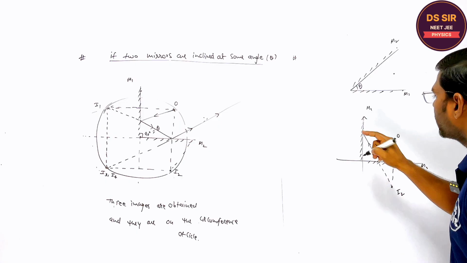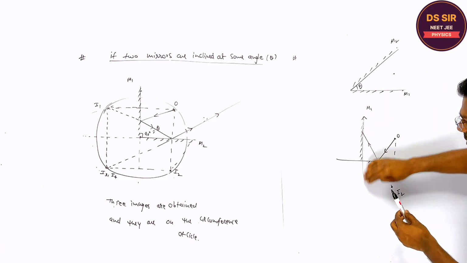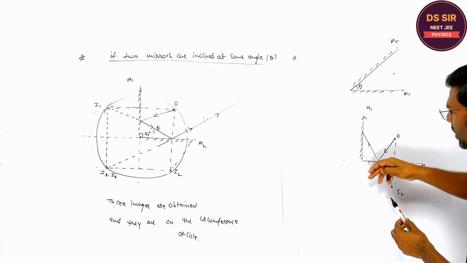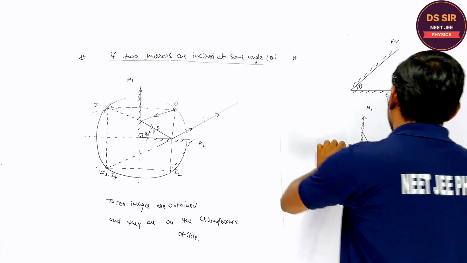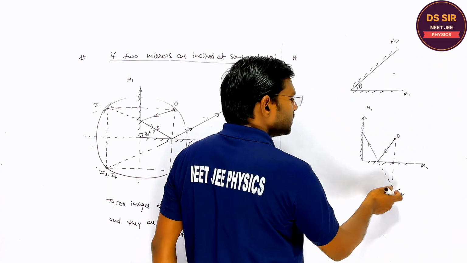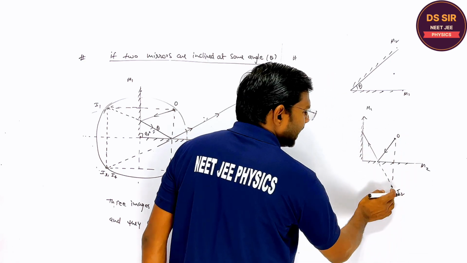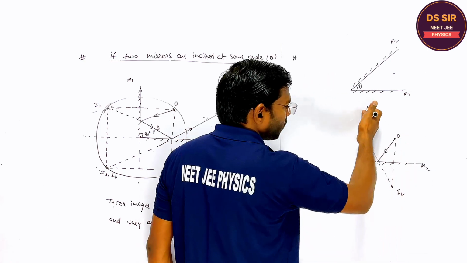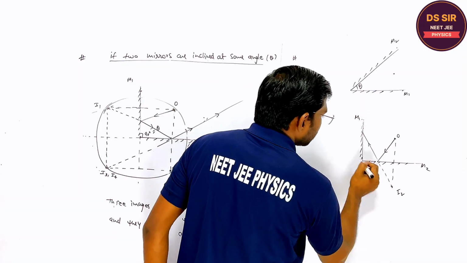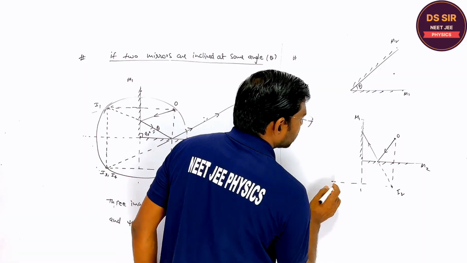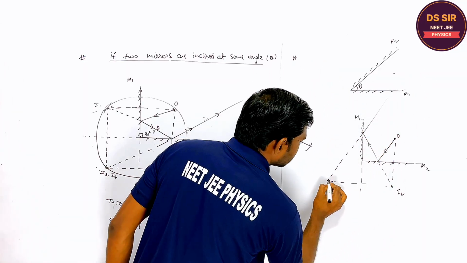This I2, which is the image produced by M2 of this object, acts as an object for this mirror M1. So therefore its image is formed here like this, at this point.